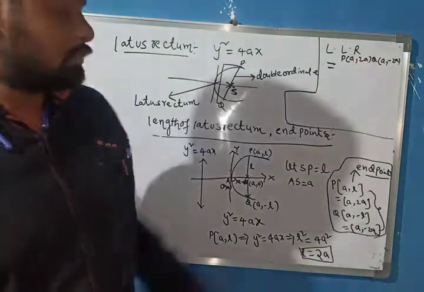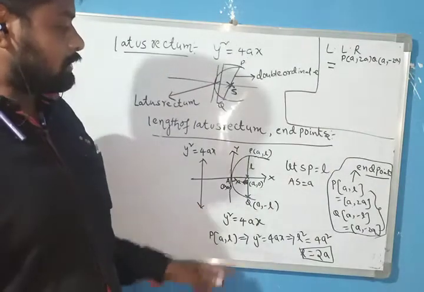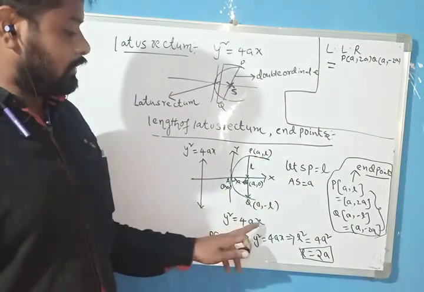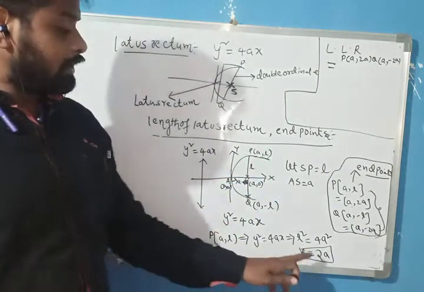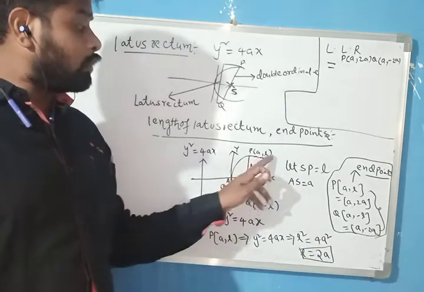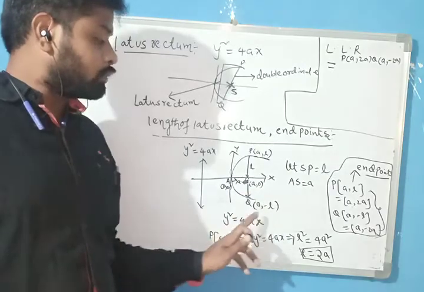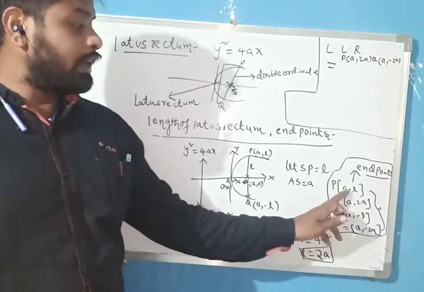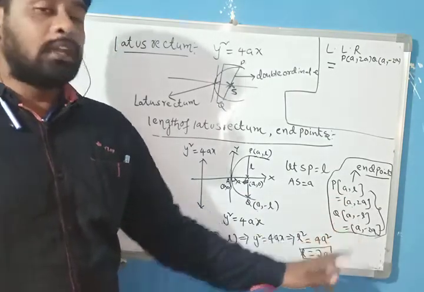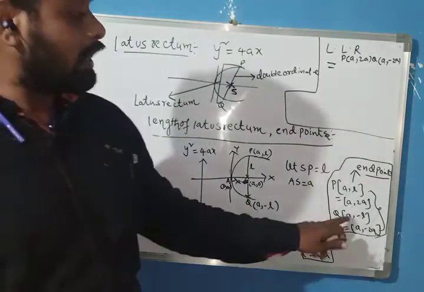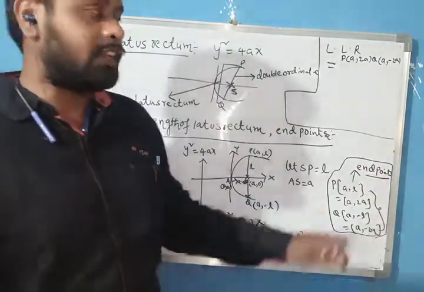Remember these values also. How to get them? This is the process. It's a comma L, substitute in y square equal to 4ax. After that L equal to 2a we get. L equal to 2a, substitute in P a comma L and in Q a comma minus L. We get P a comma 2a and Q a comma minus 2a. These are the endpoints or extremities of the latus rectum.